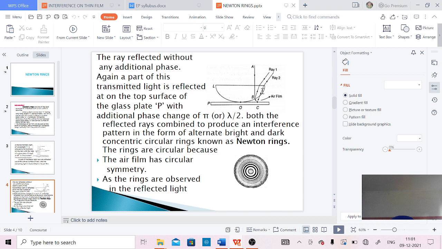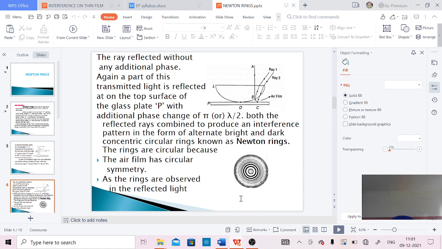See, this is the incident ray AB. One ray is reflected from the surface and the other is reflected from the air film. Both reflected rays combine to produce an interference pattern in the form of alternate bright and dark concentric circular rings known as Newton rings. See, these are the alternate bright and dark concentric circles.